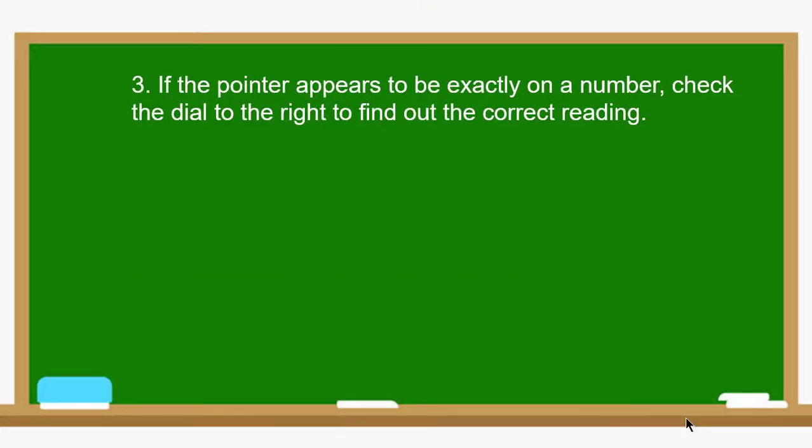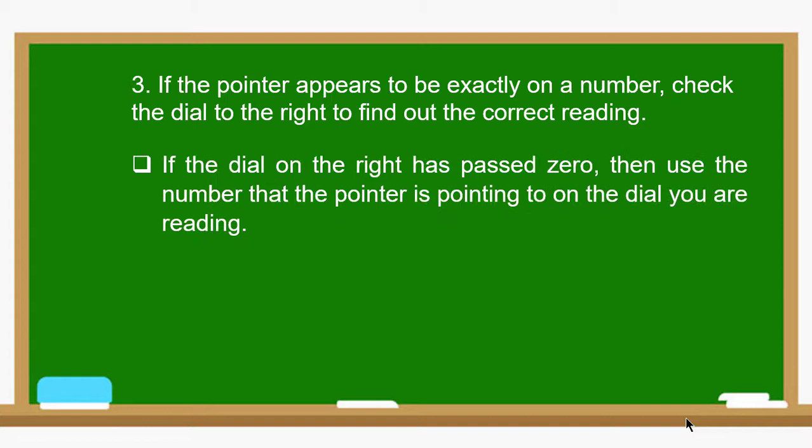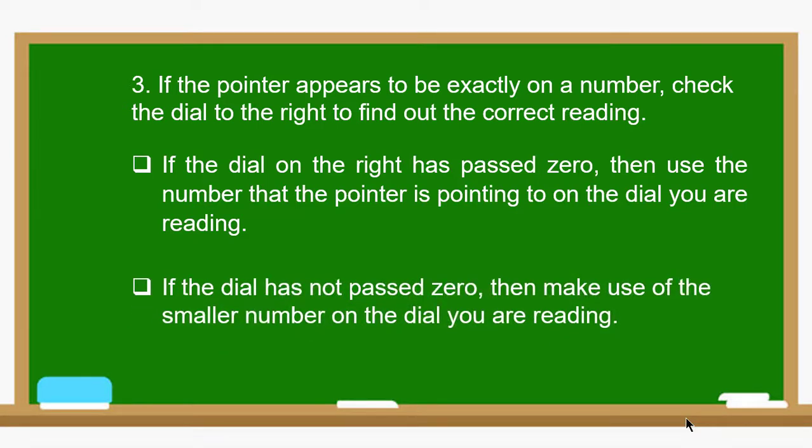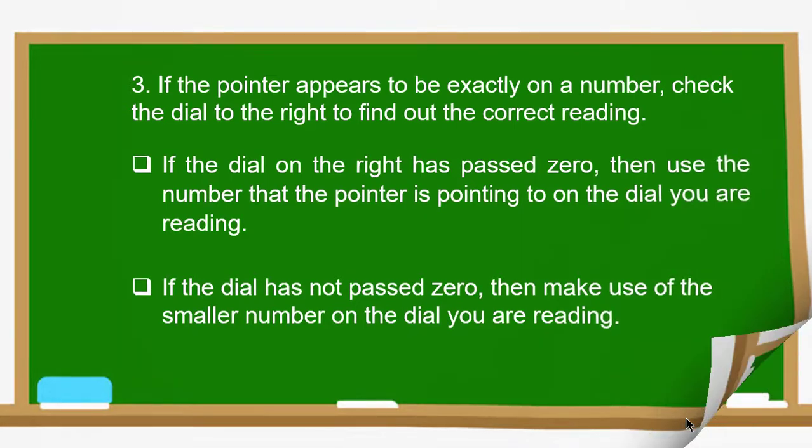Number 3. If the pointer appears to be exactly on a number, check the dial to the right to find out the correct reading. If the dial on the right has passed 0, then use the number that the pointer is pointing to on the dial you are reading. If the dial has not passed 0, then make use of the smaller number on the dial you are reading.